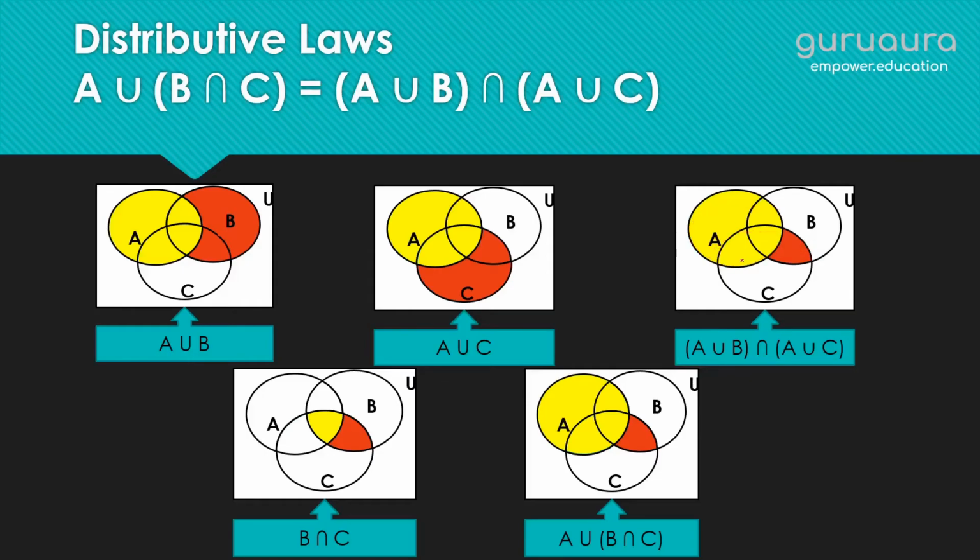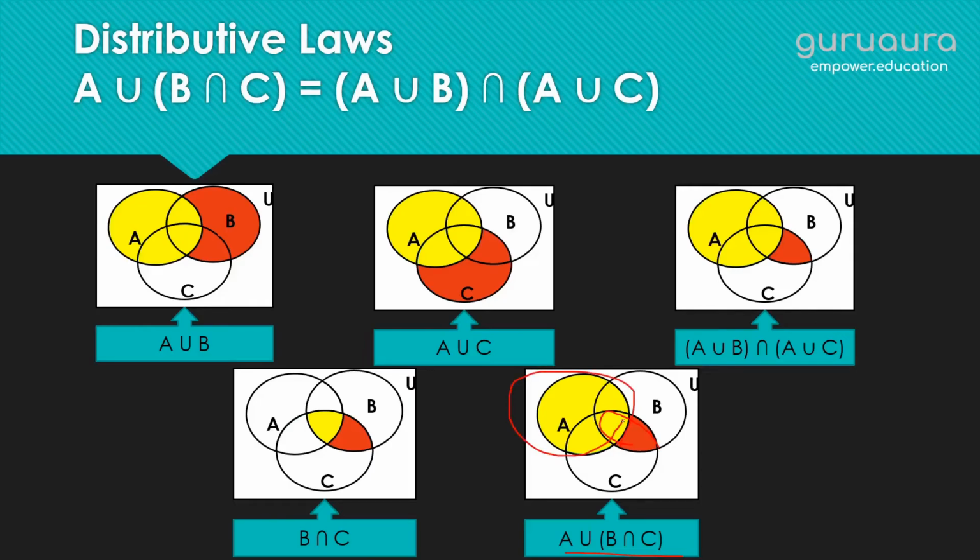Now let's see the left hand side. So firstly we will do B intersection C. This is B and this is C. So B intersection C will be this part. And then we need to do A union B intersection C. We know A is this part. So we'll just color this using yellow. So this is our left hand side.